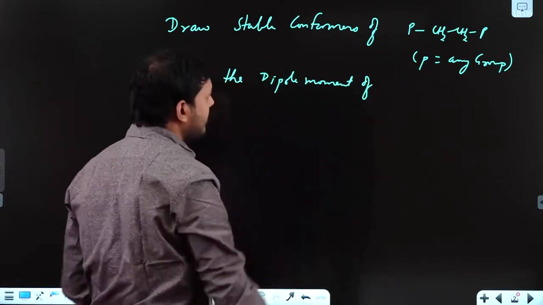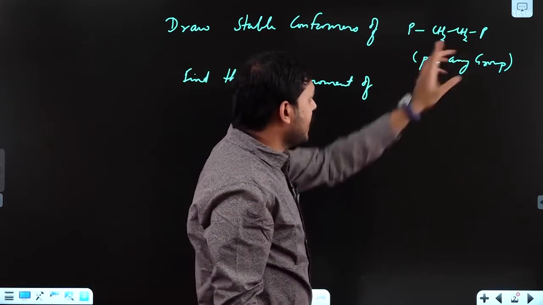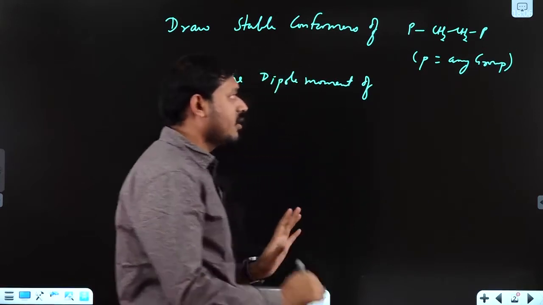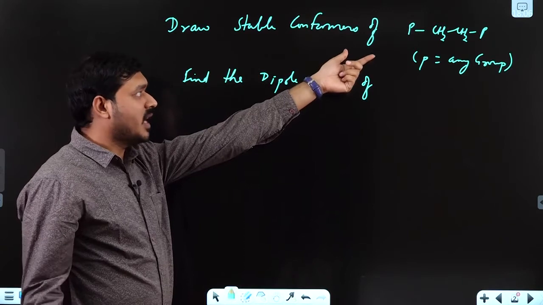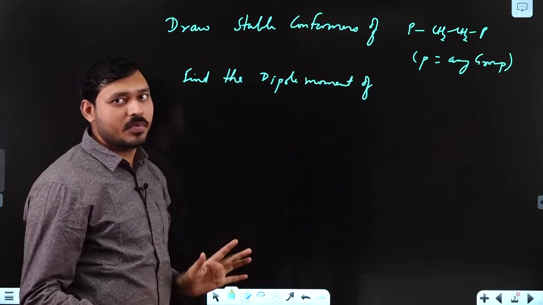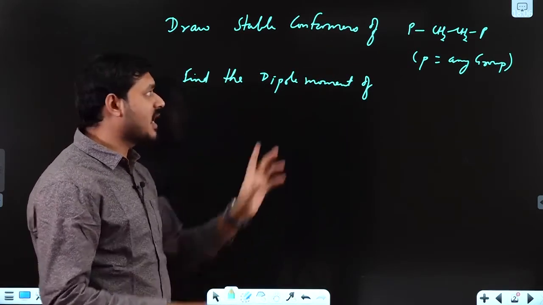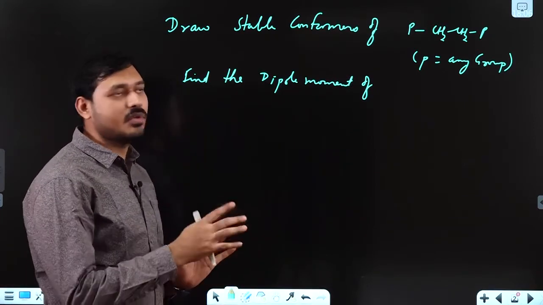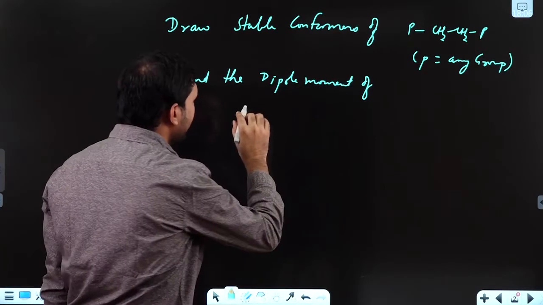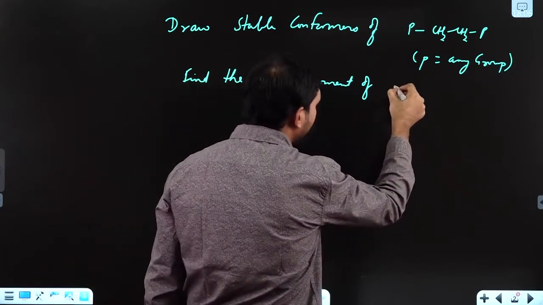Draw stable conformers of P, CH2, CH2, P. P is equal to any group. Now you have to understand, you have to take any hydrocarbon part, right? That P must be any alkyl group. You won't have to make exceptional cases like OH-OH group or OH-NH2 group where there are some abnormalities due to hydrogen bonding.